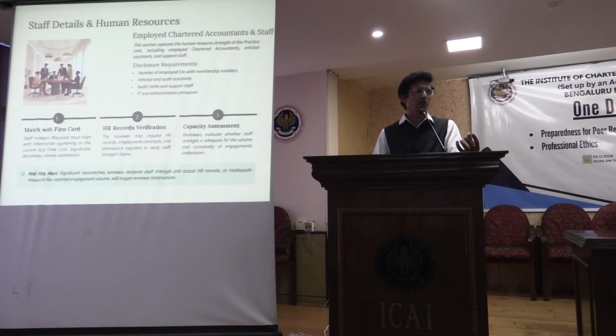Now, take a scenario, one of you takes a listed entity. Listed entity, all of us know the risk. You can't put an article and get the work done there. And you can't say only the partner was completely involved in the audit, that's not going to happen, because there are other works, as a partner has to run the firm. That is where the composition of the team will come, the independence of the team will come, and whether they had adequate knowledge to handle that client also gets addressed here.